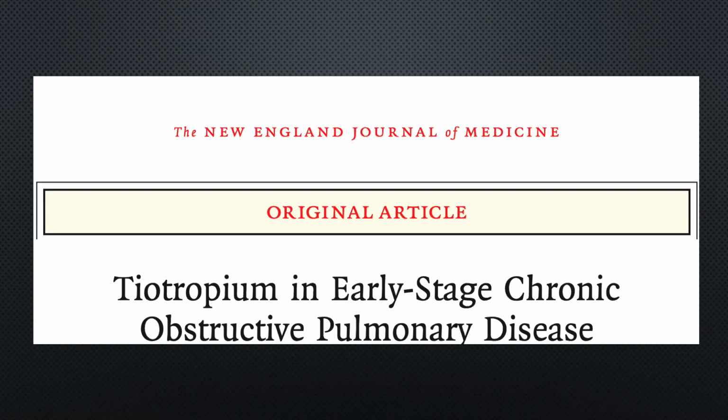One of the inclusion criteria was that they had to be GOLD stage 1 or stage 2. The FEV1 in the patients who received the tiotropium was actually higher afterward, and there was no change in mortality, but they had fewer exacerbations. Any questions? No? Okay.